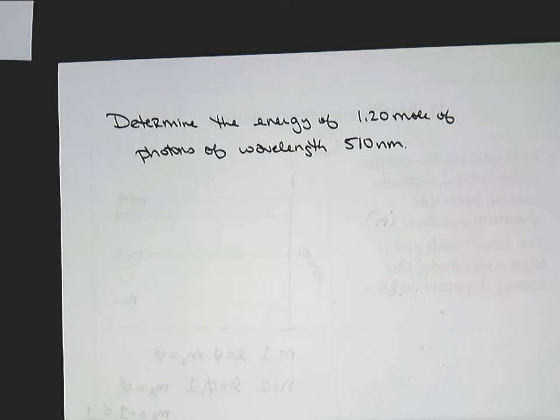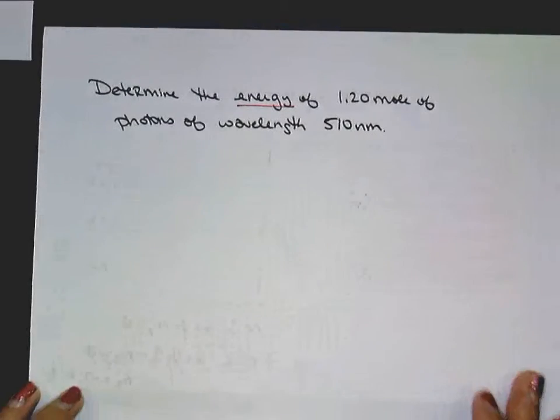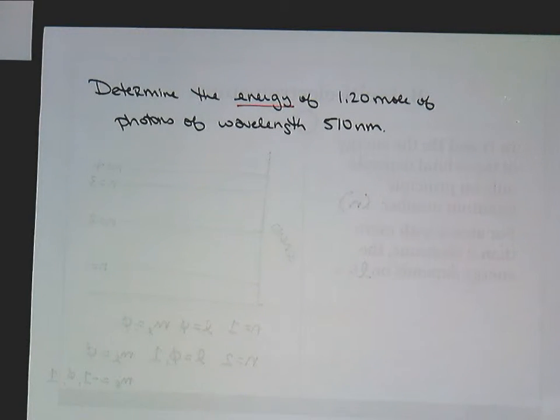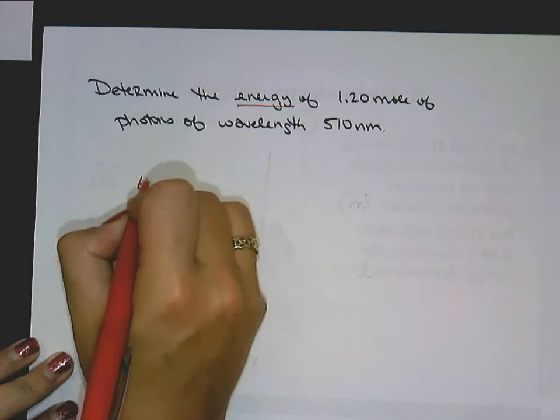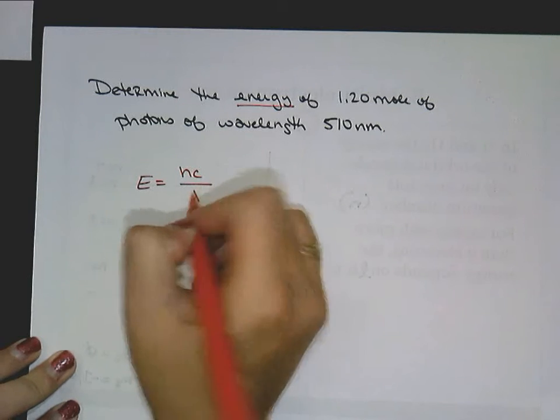Right, I gave you nanometers, and where do you want to end up? Eventually you want to end up in energy. This is a question where we had two different energy equations to choose from. Since I gave you wavelength, I would choose the one that says energy is related to wavelength this way. I think that's the easier one.